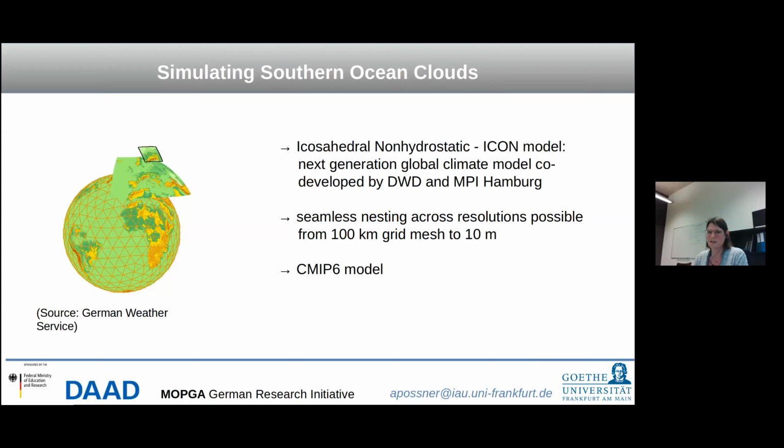It has a singularity at the poles where the mesh breaks down. And ICON doesn't have this problem anymore. If you go to the triangular mesh, or more like a football, pentagonal mesh, you can circumvent this, and then ICON uses the choice of triangles, so you don't have any issues with singularity. And what you can also do in this model is nest it down to higher resolutions over a region of your interest, and in our case, that is the Southern Ocean.